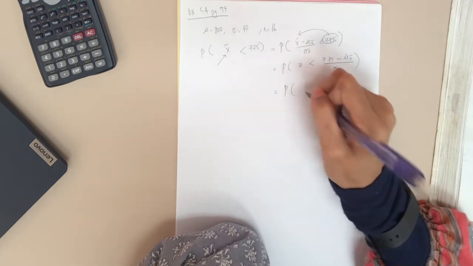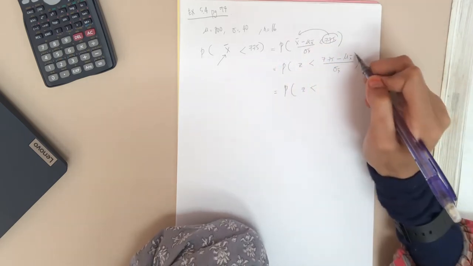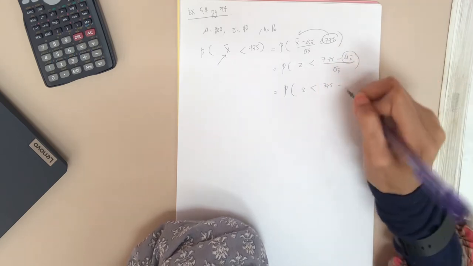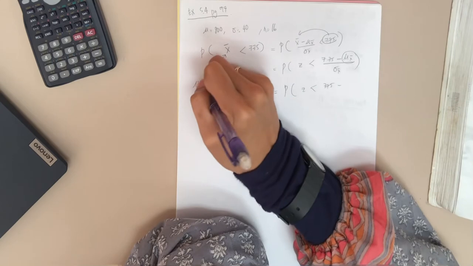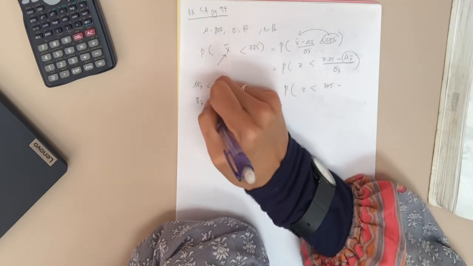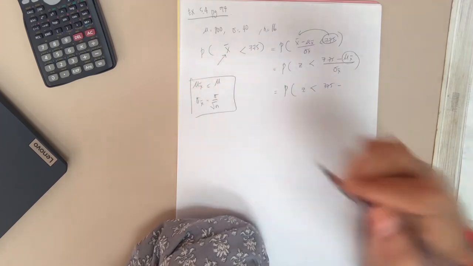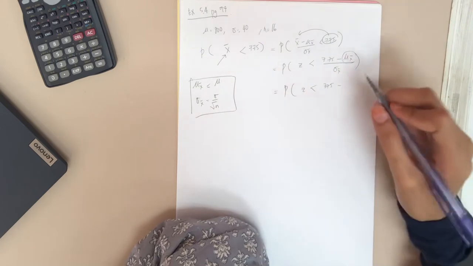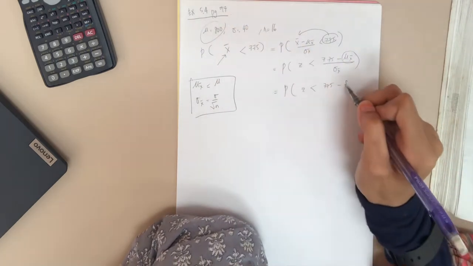But class, what is the mu X bar? The mu X bar is equal to, okay, this is the previous example. So mu X bar is equal to mu. So what is your mu? Your mu is 800.